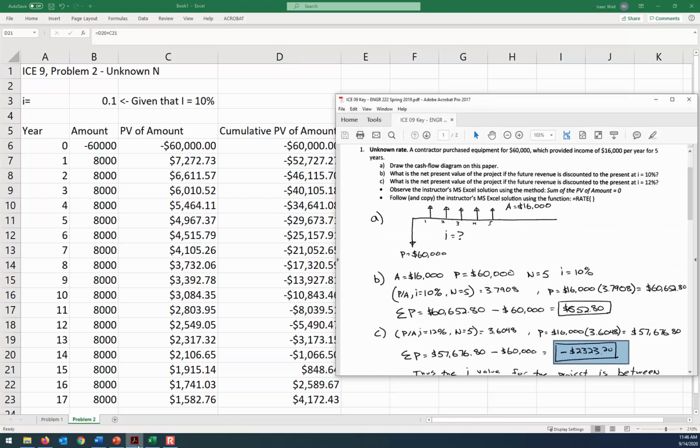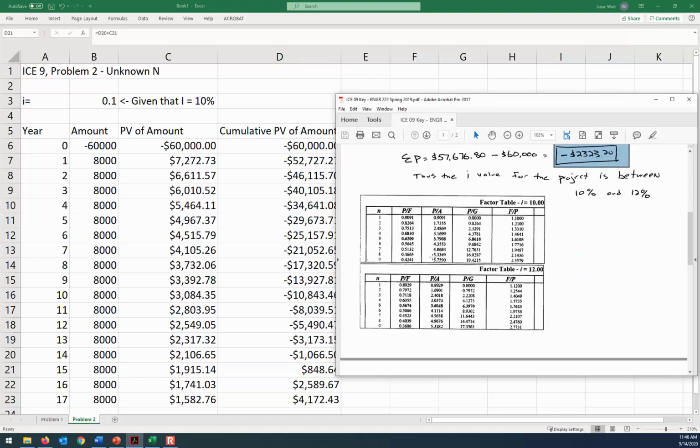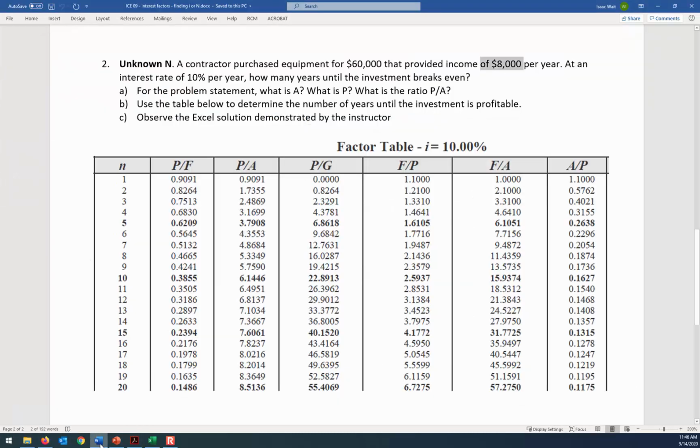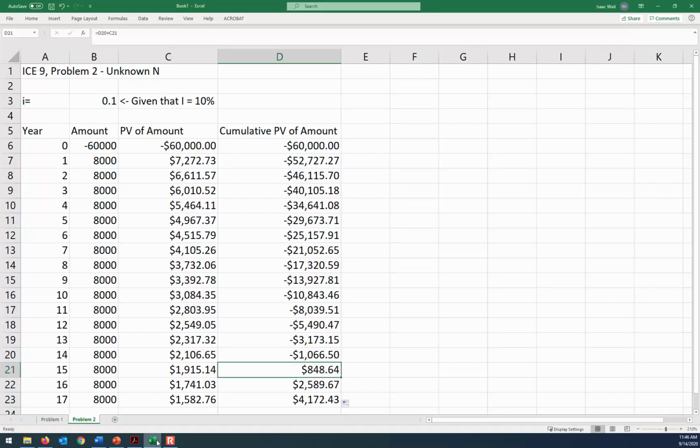When we were looking at this on paper, if A to P is 0.133, we can go to the A to P column, or we can do P divided by A. It's the same answer whether we look at A to P or P to A. So it was 7.5, and we were looking at between 14 and 15 years. We found the same thing with Excel: after 15 years, we've finally broken even.